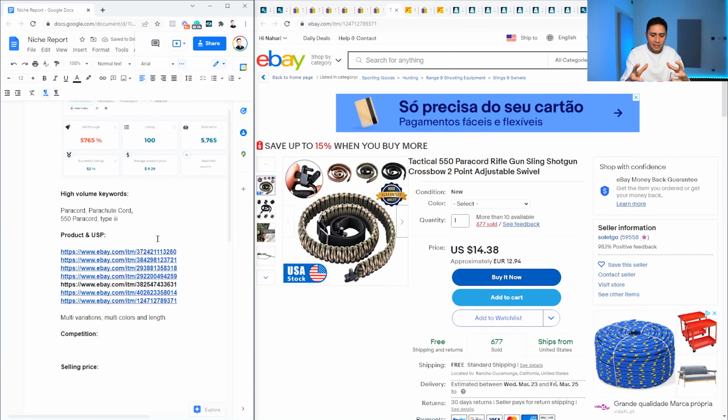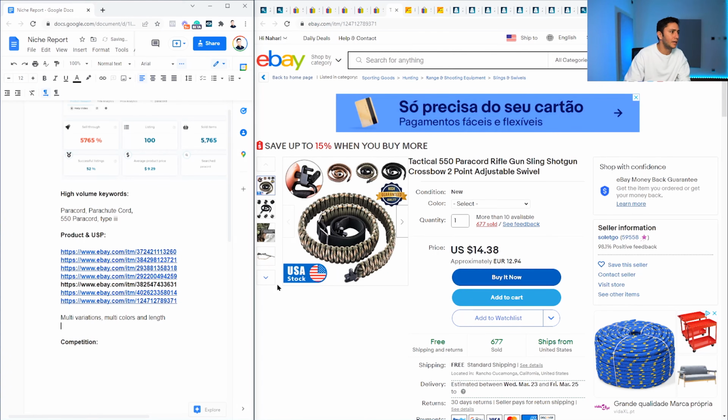Physically, you just bought one product. But out of this one product, let's say black paracord, you can create multi-variations. 10 feet, 50 feet, 100 feet, 1,000 feet. This gives you basically the possibility to cover more of the top of the search result. And also gives the buyer different options to buy from. Some need short, some need long, and stuff like this. So this is multi-variation, multi-colors, and length.